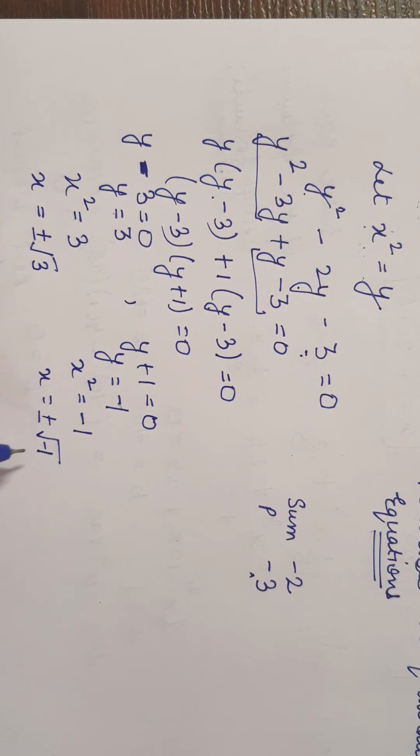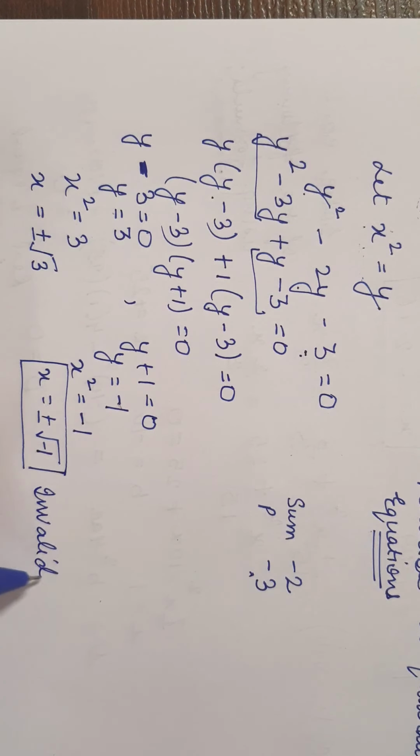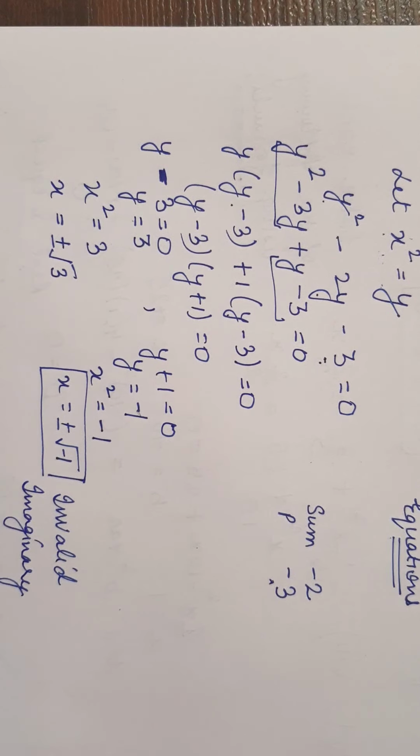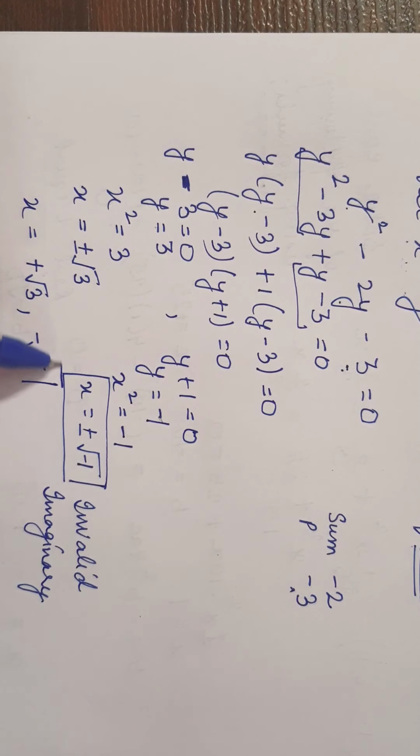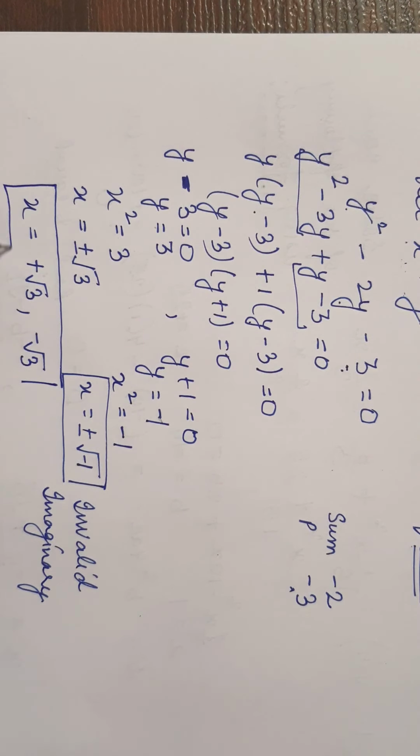And as you can see, under the root a negative number I cannot put, so this case will be invalid because here the roots are imaginary and we are not expected to solve after this. So the final answer, that is the two values of x, are plus under root 3 and minus under root 3. The two roots of the given equation were these.